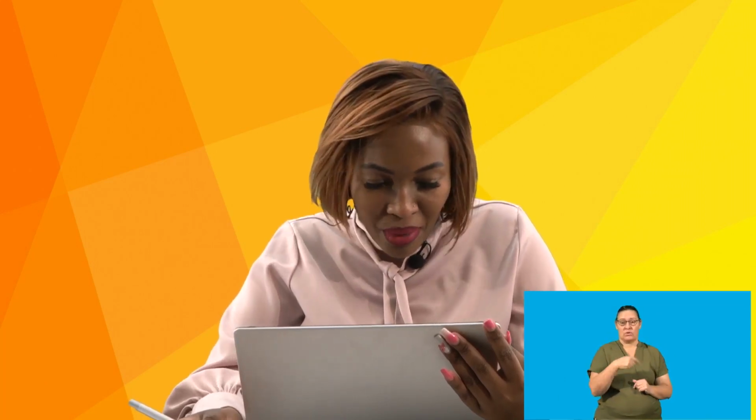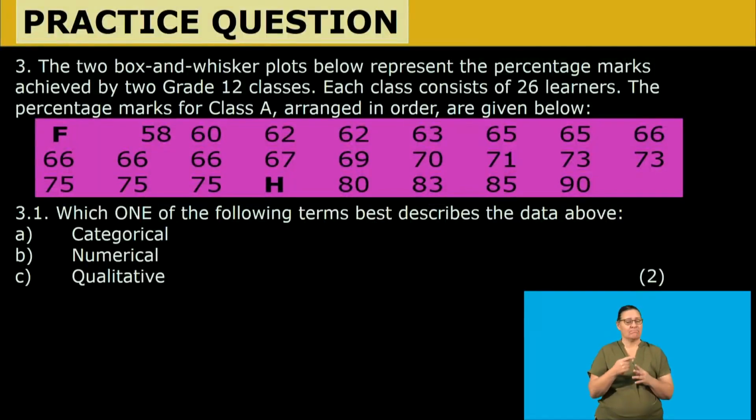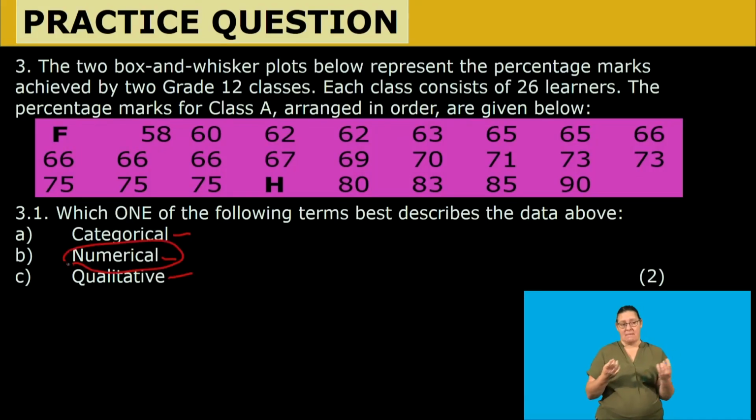Welcome back. Let's look at the questions. 3.1. Which one of the following terms best describes the data above? Is it categorical? Is it numerical? Is it qualitative data? This data, because it contains numbers, it's about the percentages, is definitely numerical data.